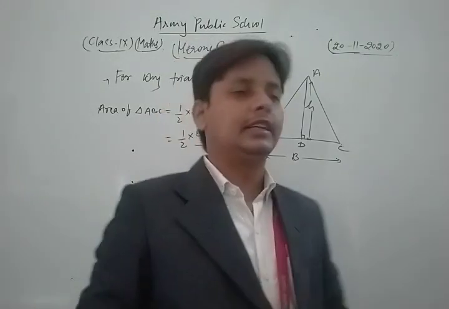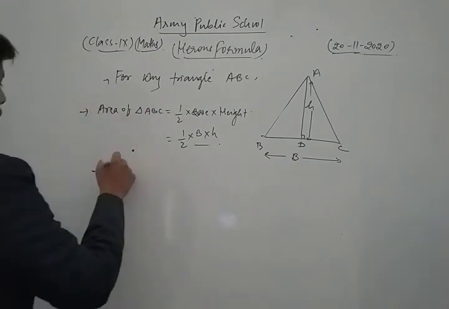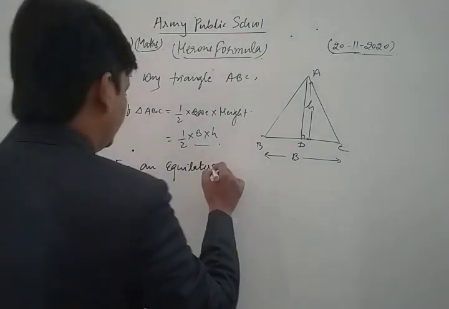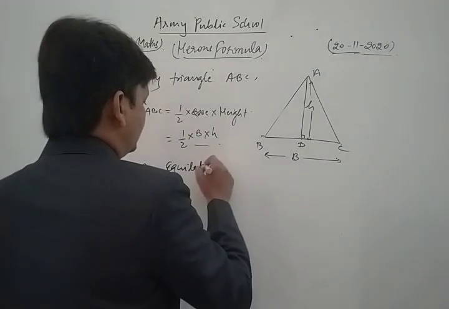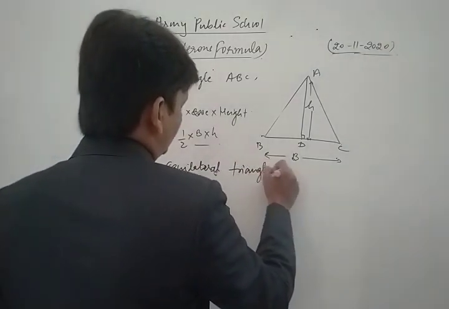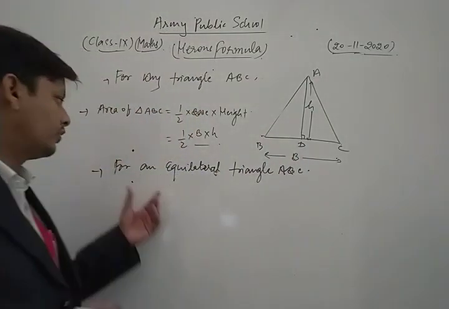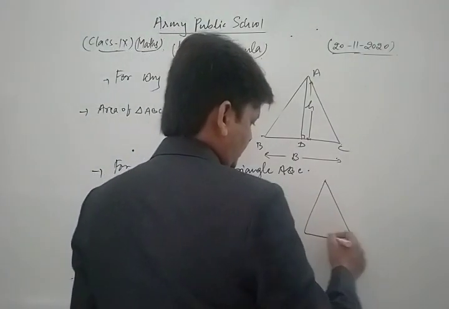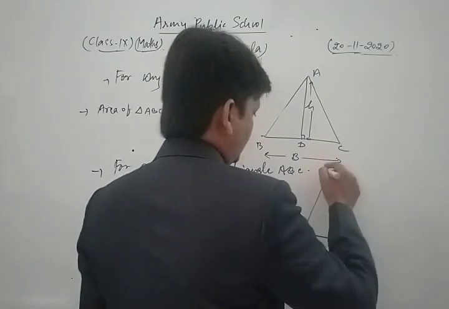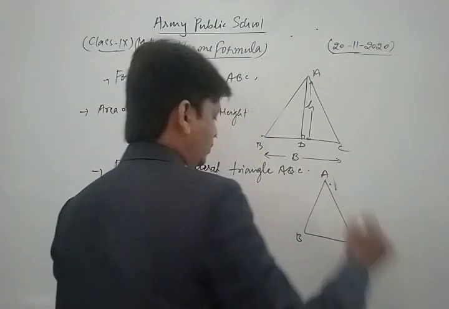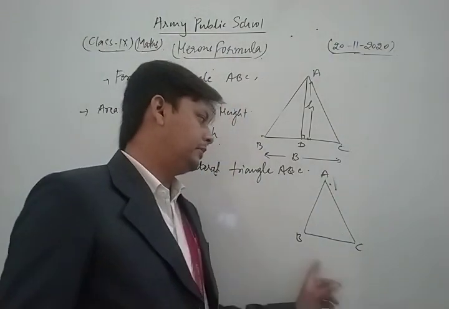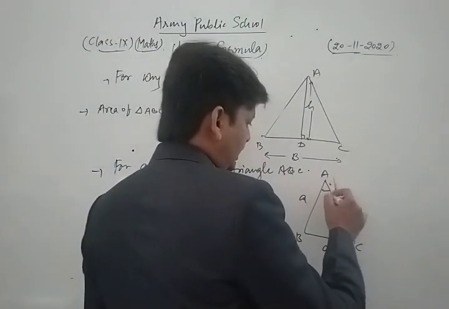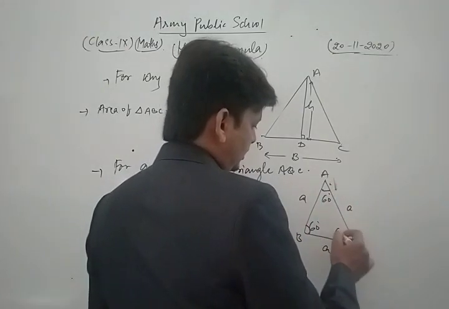Now for an equilateral triangle ABC, suppose that ABC is an equilateral triangle in which all of its sides are equal to a, and you know that each angle of an equilateral triangle is 60 degrees.